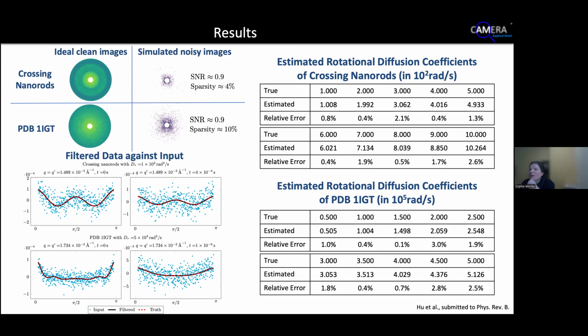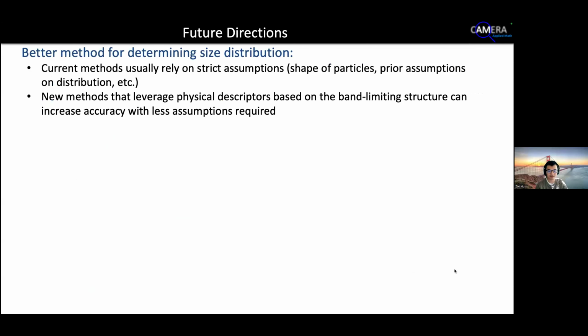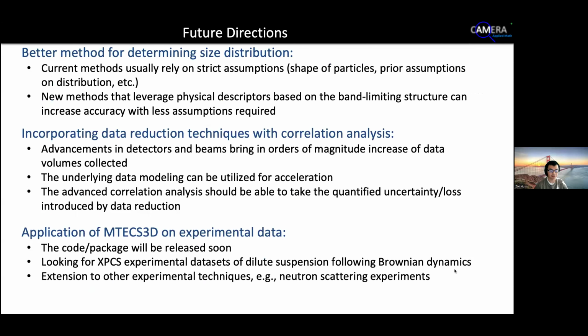And then I would imagine that the upgraded APS might be the place where you would get data that you can compare this to. I don't know, is that the plan? Because you need a lot of coherence and you need a lot of signal.